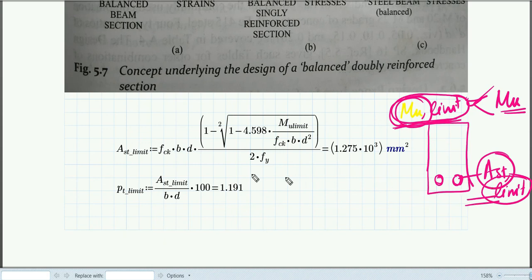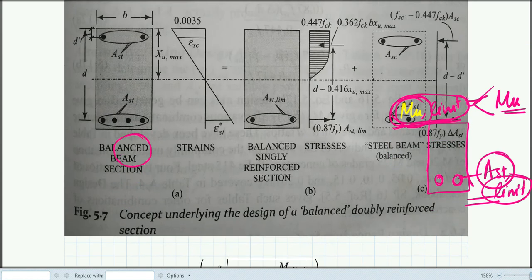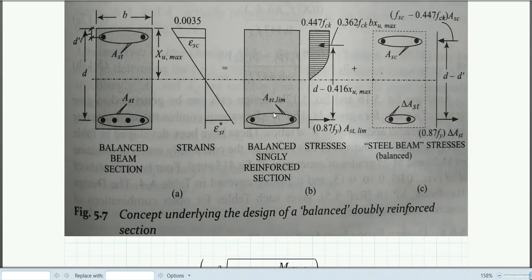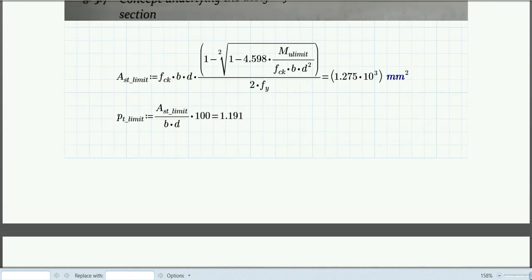So how do we find out the AST limit? You can see in the figure, this is the AST limit. Now you know this equation, we have already used this equation in reinforced beams. It is 0.5 FCK by Fy into B into D, whole into 1 minus root over 1 minus 4.598 MU limit by FCK BD square, and this comes out to be 1.275 into 10 to the power 3 mm square.